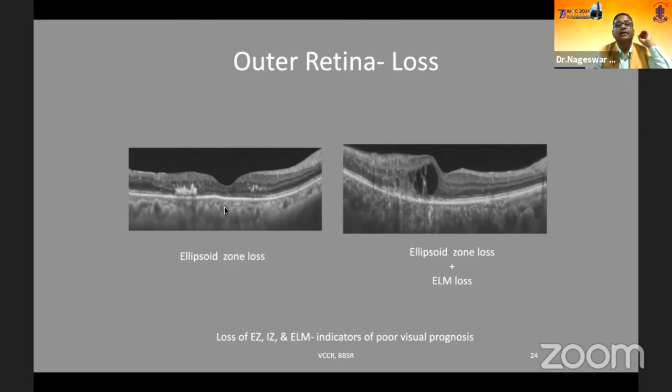So in outer retinal changes, we look from the external limiting membrane onwards at what the changes are, whether any change in the ELM, or in the IS-OS junction, or the cone, or RP, wherever the changes are there. Suppose there is some disruption in the layers, then the prognosis becomes very bad. Keep on injecting anti-VEGFs may not work.